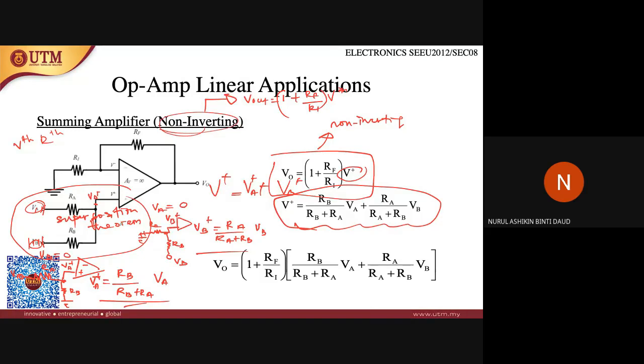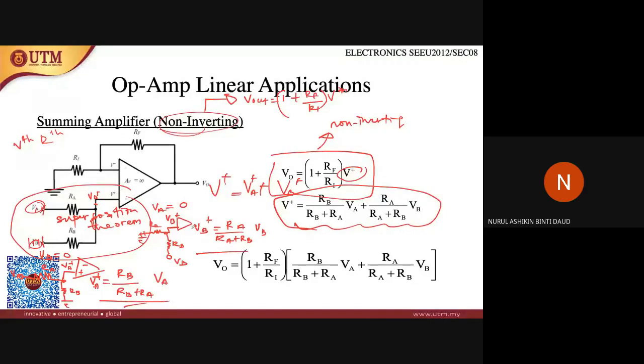At this point, V plus will be equal to VB plus. Solving this configuration, you will get VB plus equals RA over RA plus RB times VB. So which value do you have to use, between VA plus and VB plus?